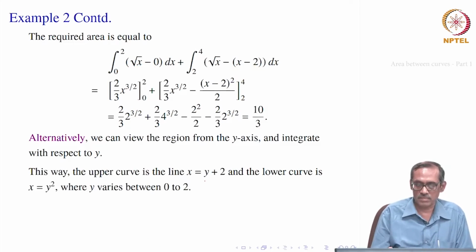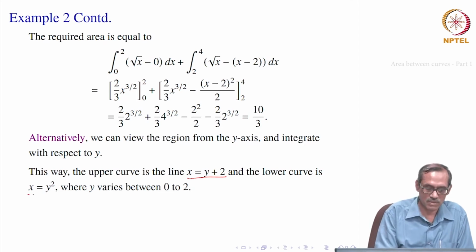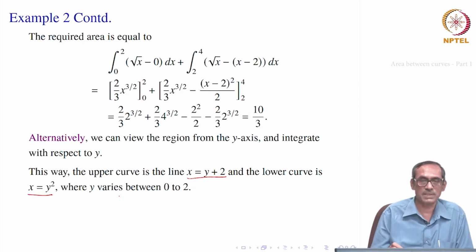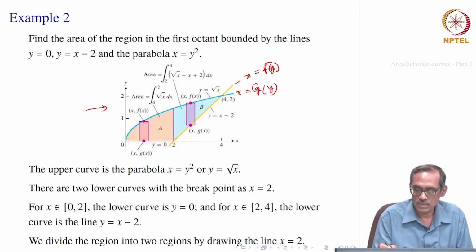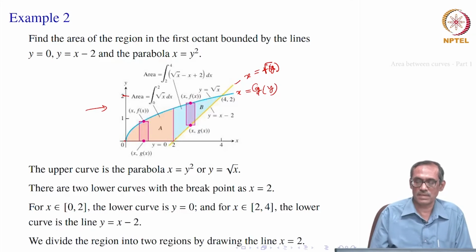We see that the upper curve is the line x equal to y plus 2, which is y equal to x minus 2. Same thing, we write x as a function of y now, and the lower curve is x equal to y square, where y varies from 0 to 2, right. That is what you see from the picture. So, y varies from 0 to 2, and the intersection point is (4, 2).